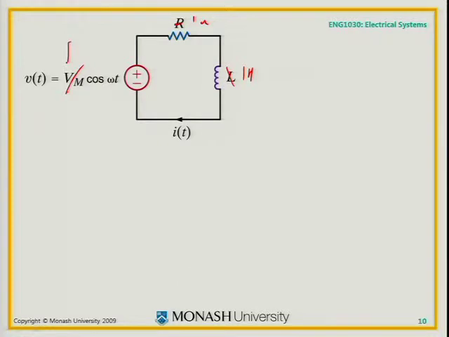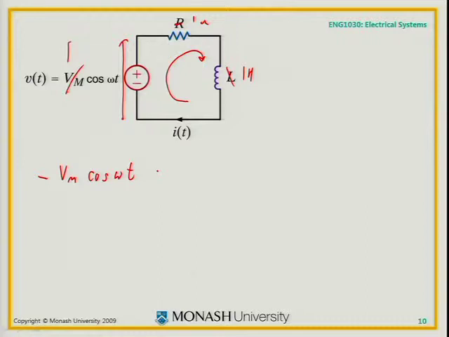So I'm not going to do anything to start with that I know you couldn't do, because I'm just going to do Kirchhoff's voltage law around that loop. Well, I'll leave in the V and R and L to start with. You get minus Vm cos omega t. That's just KVL starting here, going up that way.